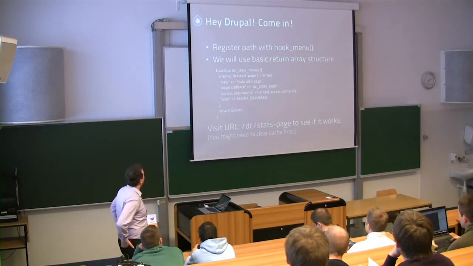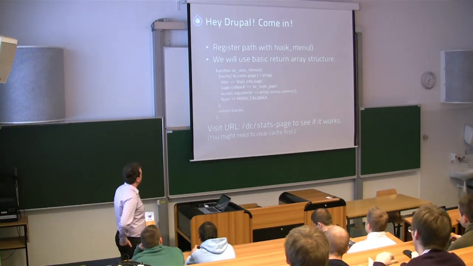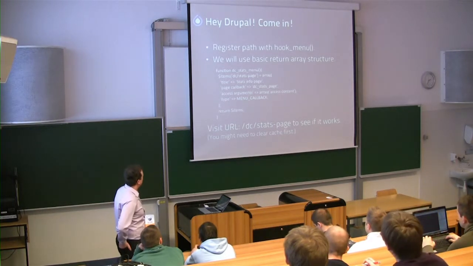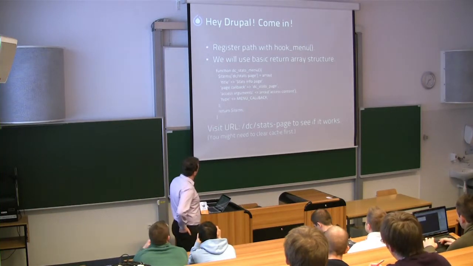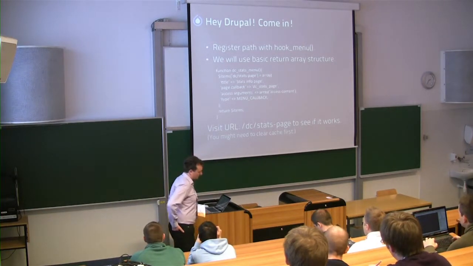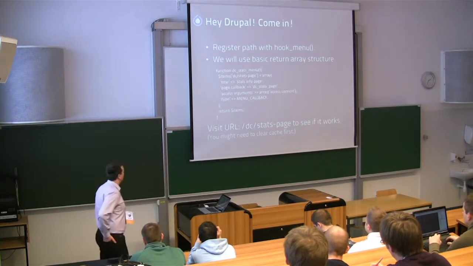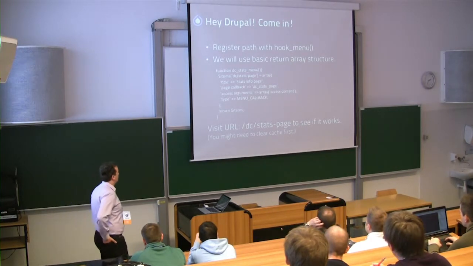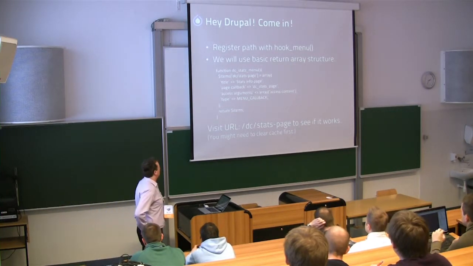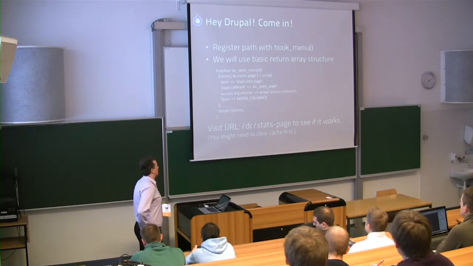You can see the necessary keys in this array. For example, items is our variable array that we will return, and the key is your path. So we will be creating a page available on URL dc/stats-page.